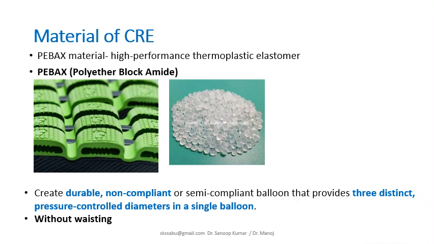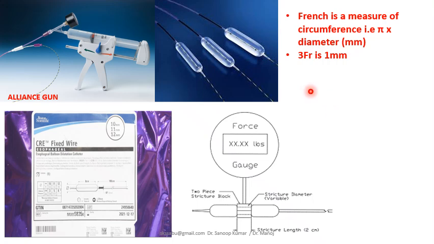Three distinct diameters can be produced by this single CRE balloon, based on the pressure applied, without wasting. That particular diameter can be achieved based on the pressure. It is a special material used for the catheter and for the balloon.